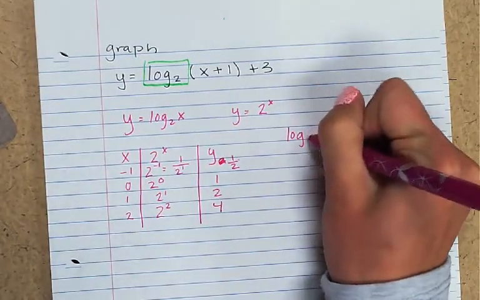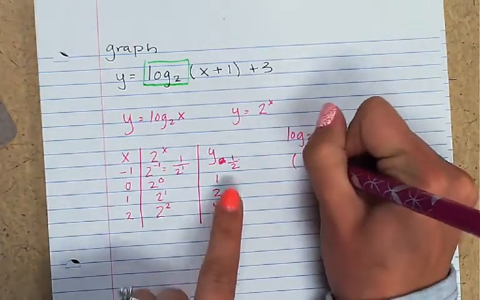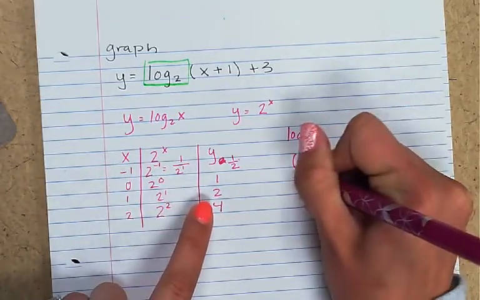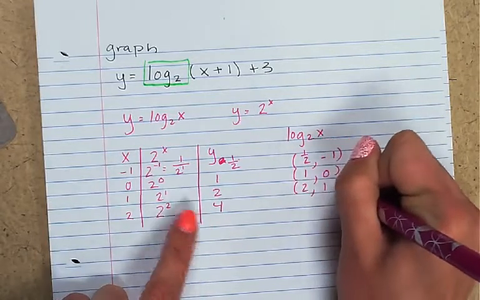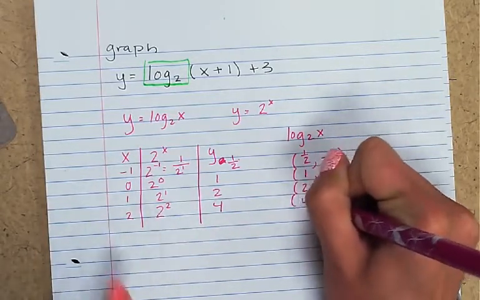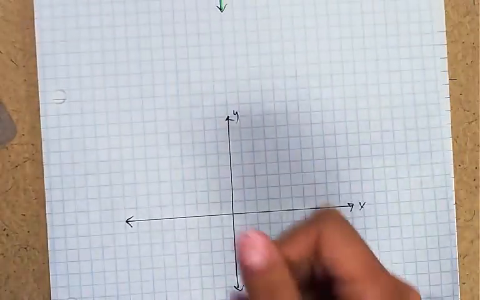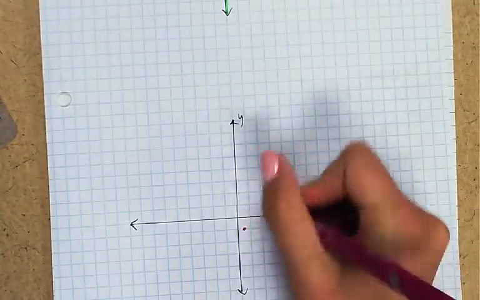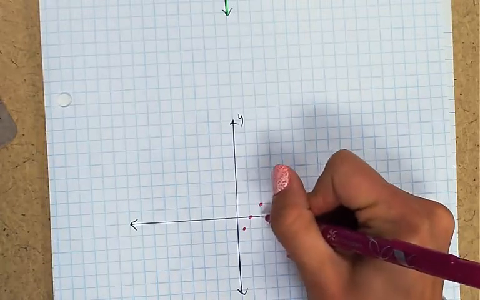Okay, so remember, that was the inverse though. So if we want to do log base 2 of x, I'm going to flip all of those ordered pairs. So it's going to be instead 1/2, negative 1, 1, 0, 2, 1, and lastly 4, 2. So I'm going to plot those 4 points there on my graph. 1/2, negative 1, 1, 0, 2, 1, and 4, 2.